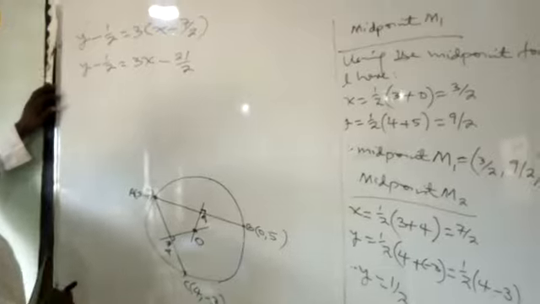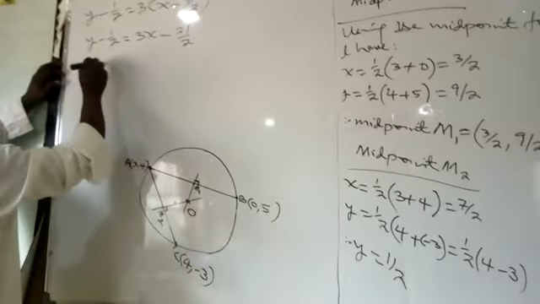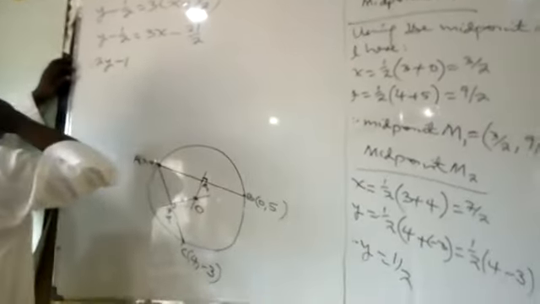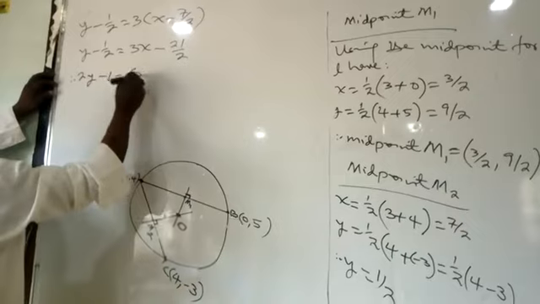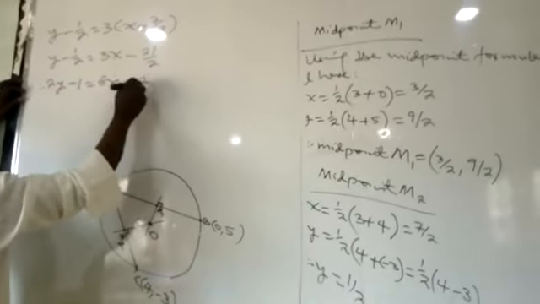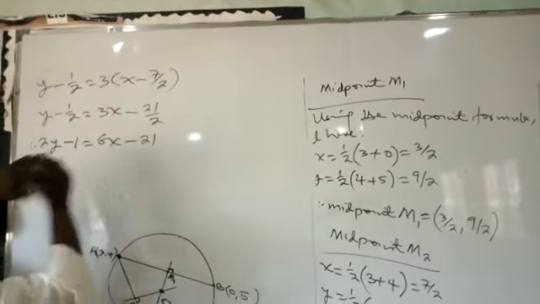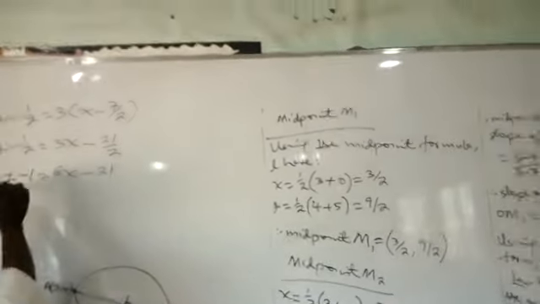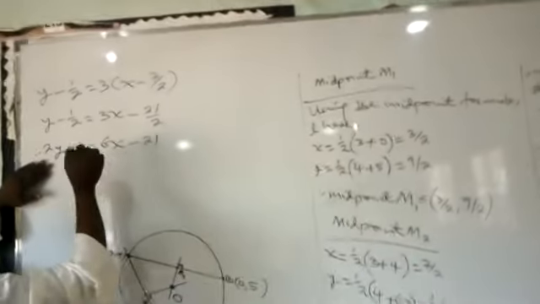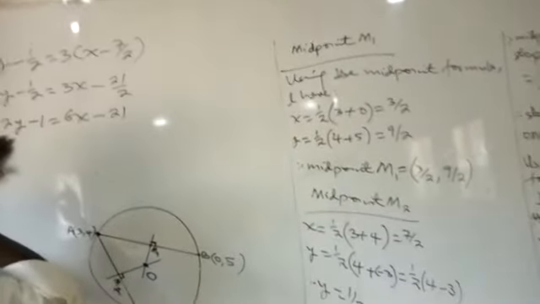Now I can clear the fraction. Multiplying through by 2, I have 2y minus 1 equals 6x minus 21, by clearing the fraction.